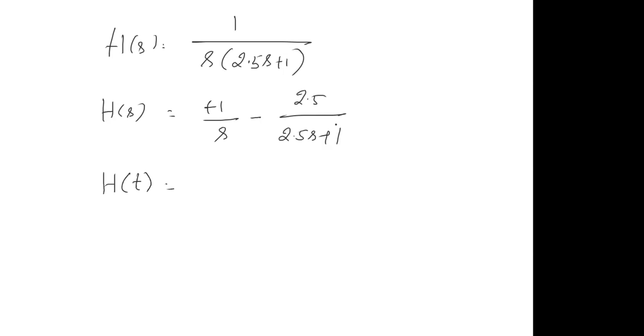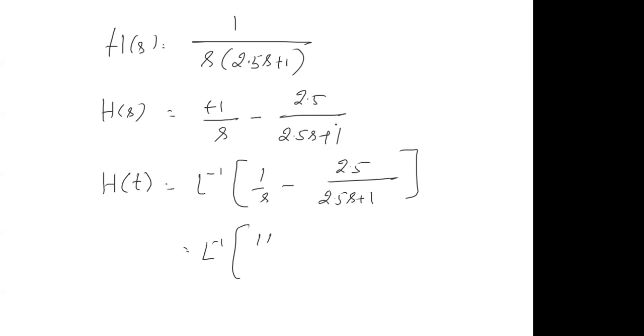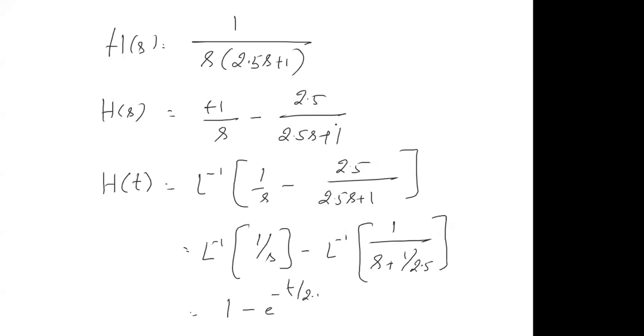If you apply the inverse Laplace transform to 1 by s minus 2.5 by 2.5s plus 1, you just change the terms. I'll write this term as s plus 1 by 2.5, because you have to write it in terms of s plus a. What is the Laplace inverse of 1 by s? It is 1. What is the Laplace inverse of 1 by s plus 1 by 2.5? It is e power minus t by 2.5. So this is H of t.